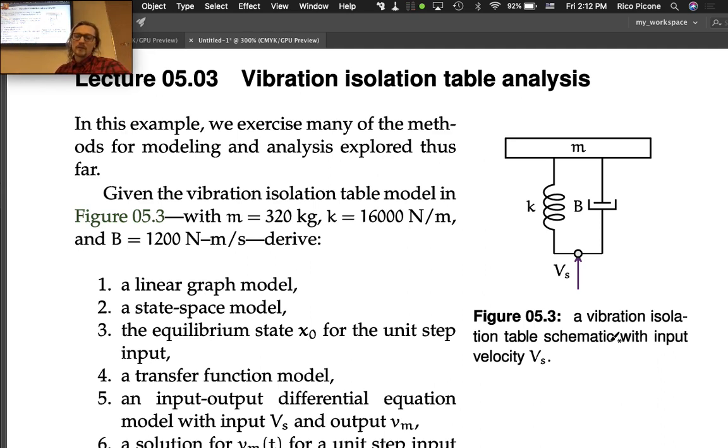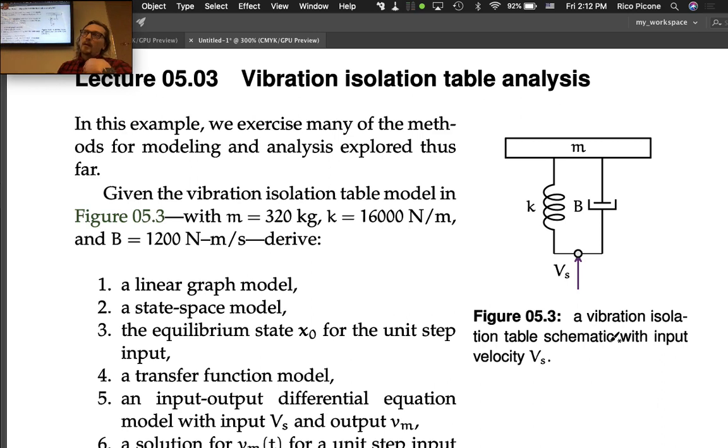So you often will need to isolate either the instrument from the floor, or maybe the motor can be isolated from the environment so that it doesn't transmit all of that to the environment. That's the type of thing you would want to do with a vibration isolation table.